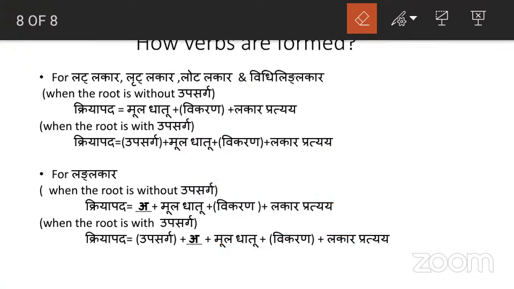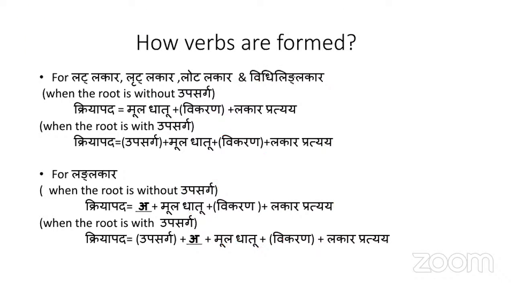Now we will see the next point, that is when the root is with upasarga. So whenever the root is with upasarga, we have to take upasarga first. See the place. Place is very important. The place of upasarga is first. After that you have to write mool dhatu.